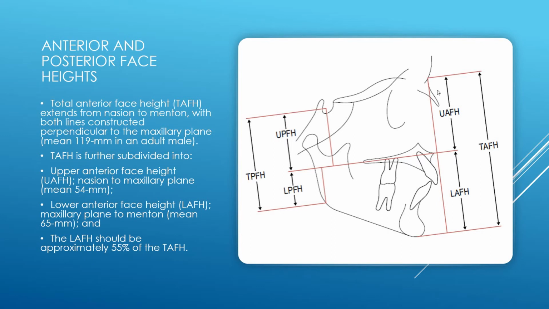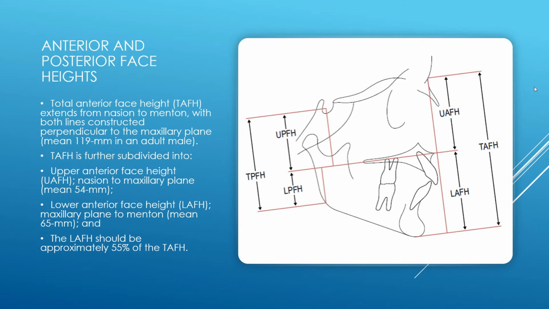First we evaluate the total anterior facial height, TAFH, which extends from nasion to menton point, with both lines constructed perpendicular to the maxillary plane, and the average mean is 190 millimeters in an adult male.